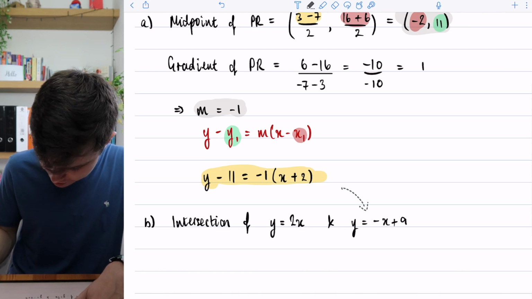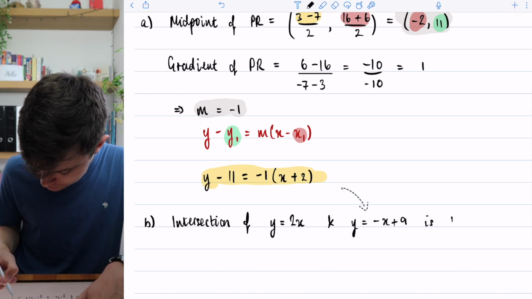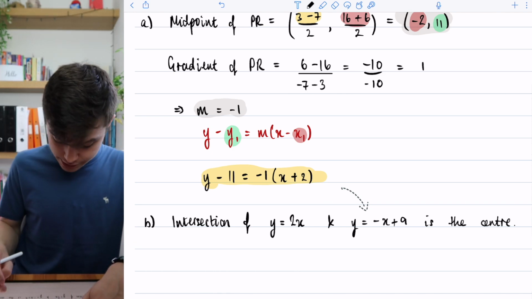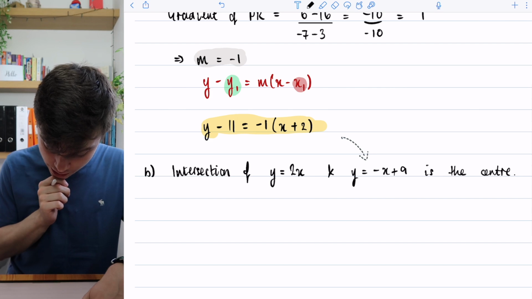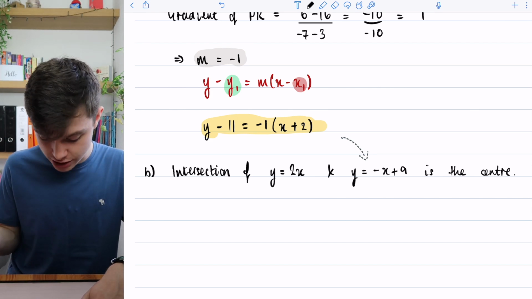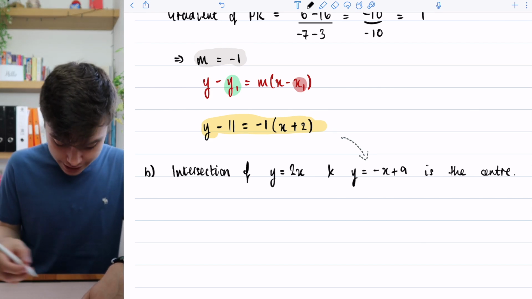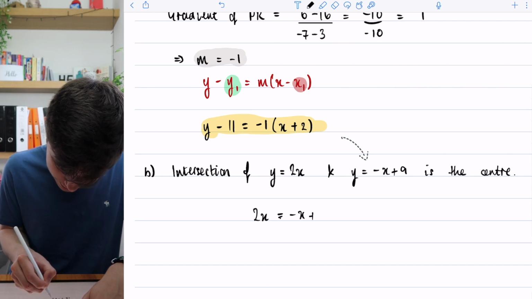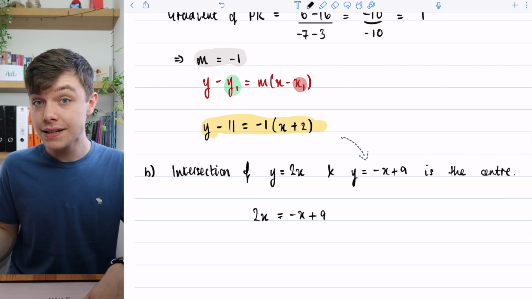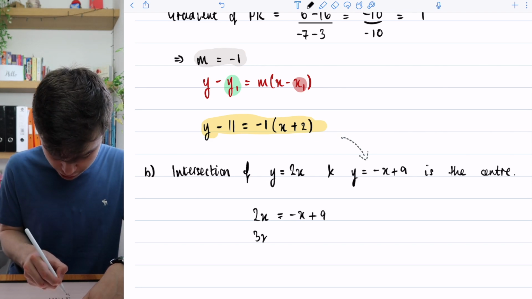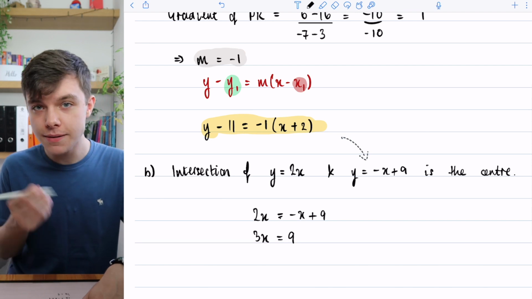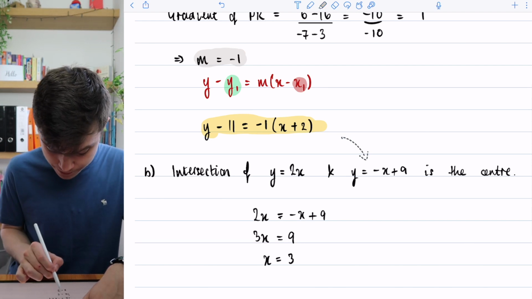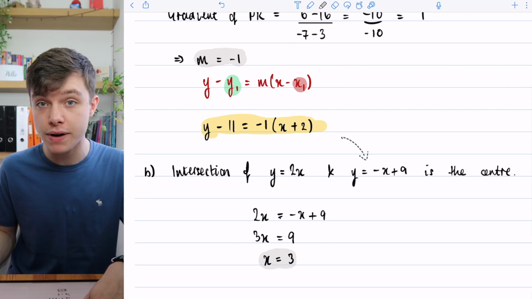Let's set them equal to each other, because they're both equal to y, to find the intersection. So 2x is equal to minus x plus 9. We will add x to both sides to give me 3x is equal to 9. Divide by 3 gives me the x value at the centre: x is equal to 3.